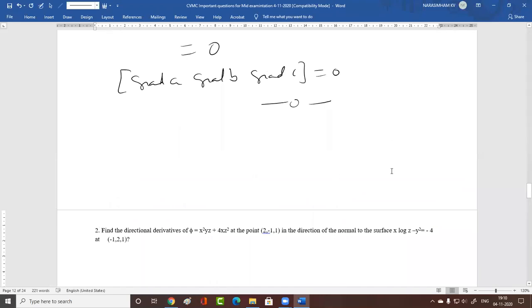Find the directional derivative. So here we should know the definition.